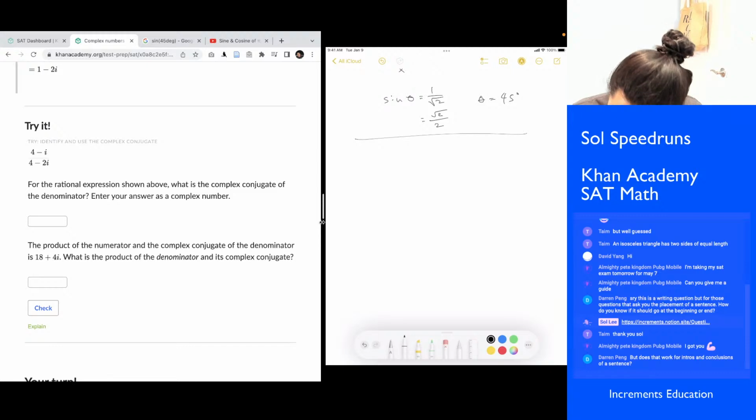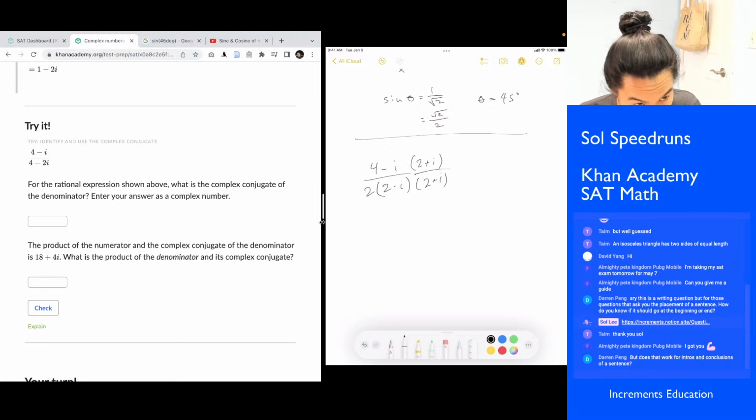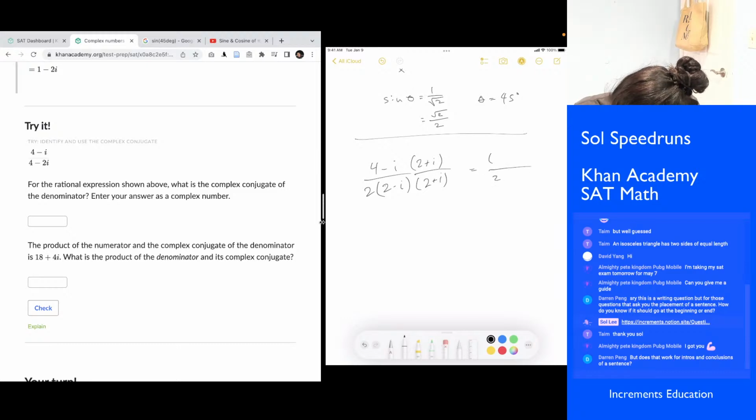Hang on. So we got 4 minus i over, basically 2 over 2 minus i. And I'm just gonna do 2 plus i, 2 plus i. And this is equal to, the bottom is 4 minus i squared, so that's 5. Two times 5.